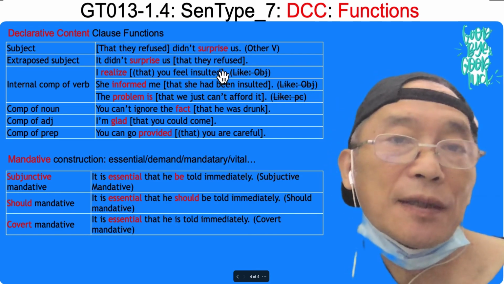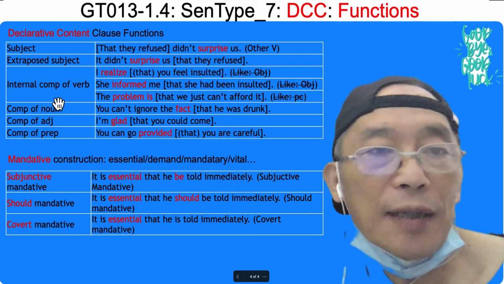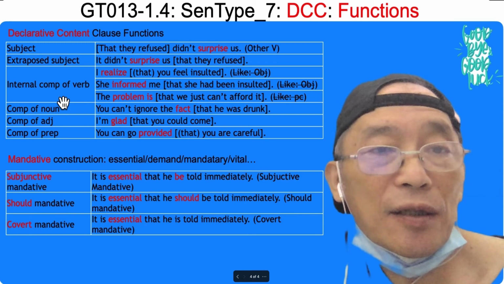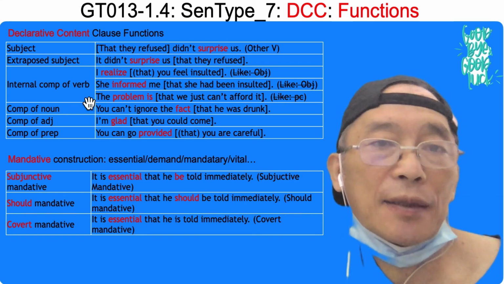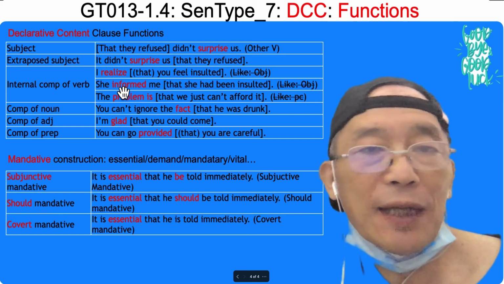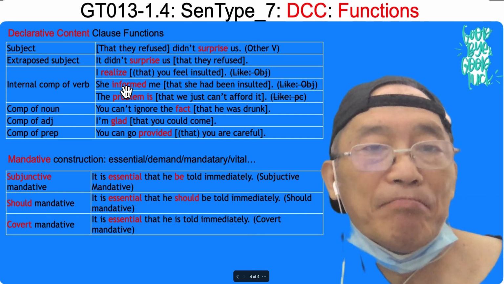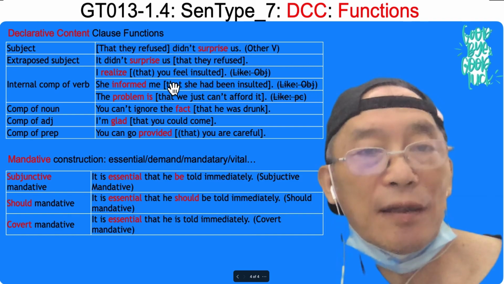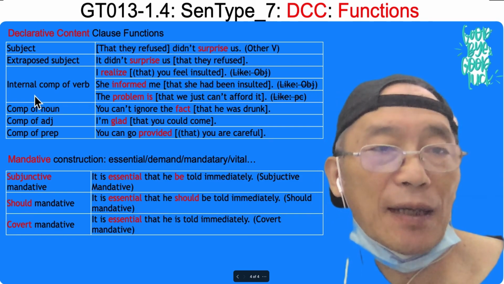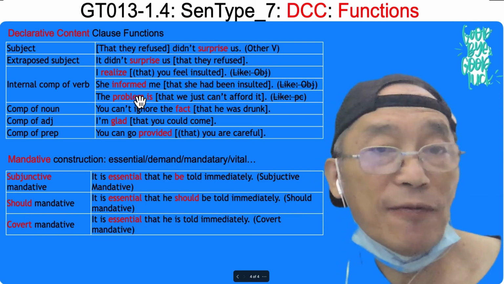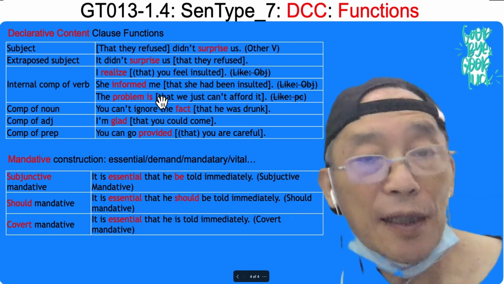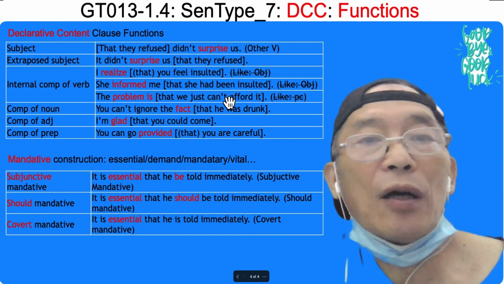Clause construction. And for a content clause to be the internal complement of a verb, let's check. Realize, okay, realize, yep, that can take a content clause as its complement. Yeah, internal complement, yep. She informed me that, okay, informed, yeah, an object and then a content clause.